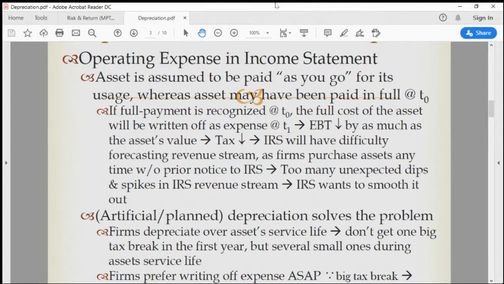But if you did, you write off only $10,000 in year one, so you have less tax shelter, less tax savings. In other words, if you write off $50,000 in year one, you will have a lot of tax savings, right? But you write off only $10,000, so you don't have as much tax savings in year one.